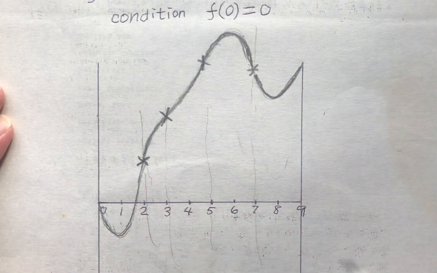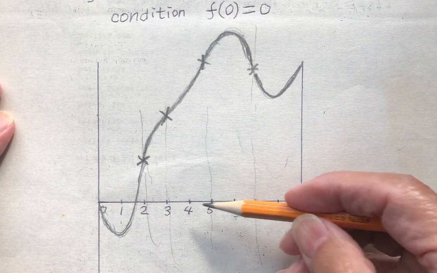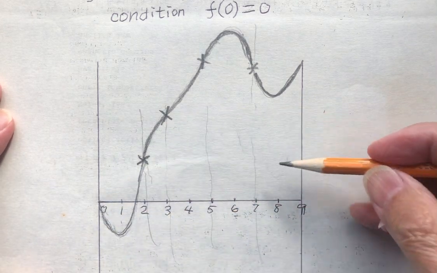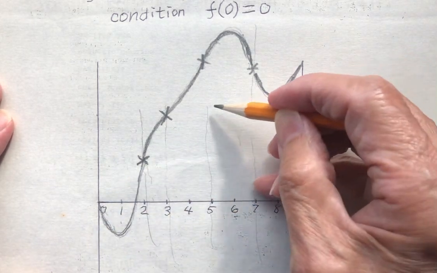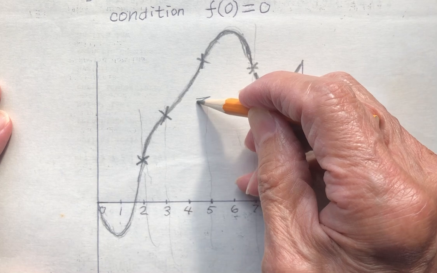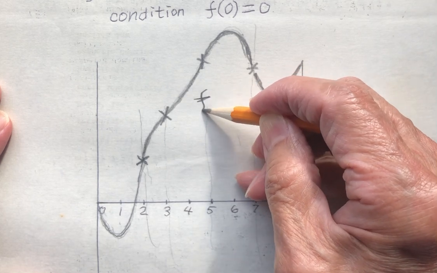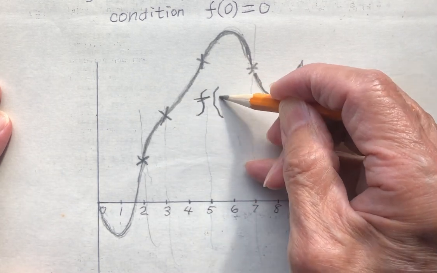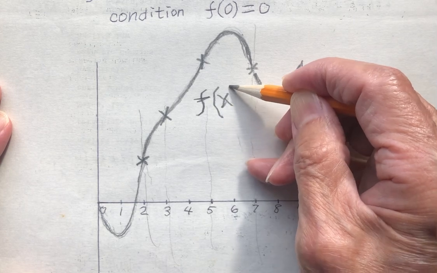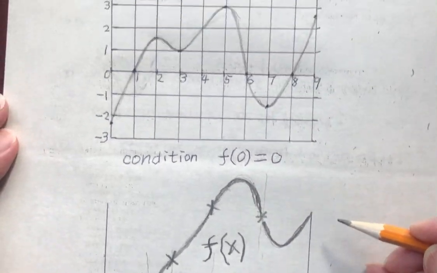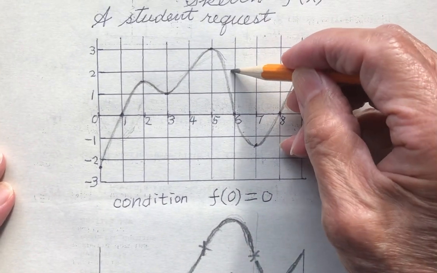Okay. So this is my rough graph of the original function y. This is the original function, and the given graph is my derivative.